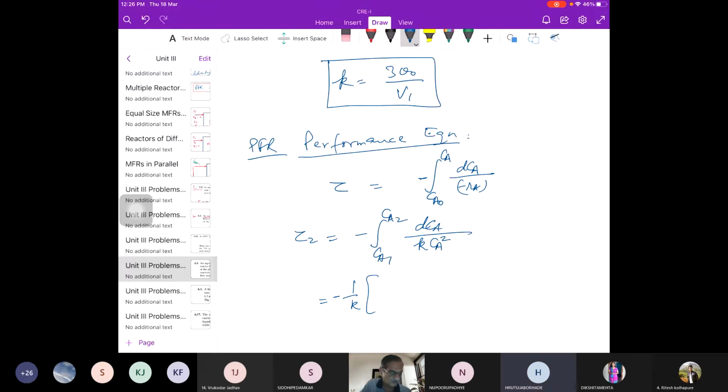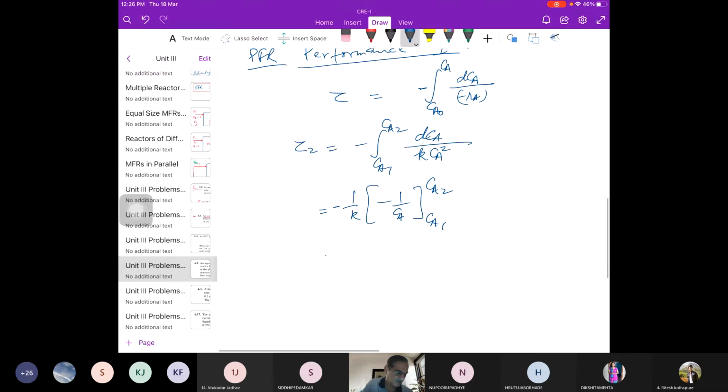Minus 1 upon CA. Then in limits are CA1 to CA2. Right? So it is minus minus plus हो जाएगा.